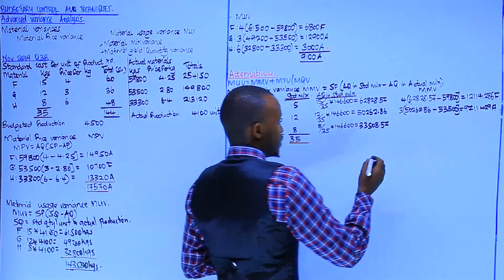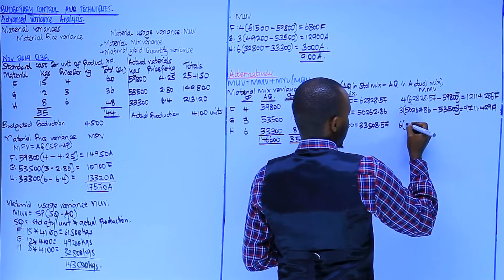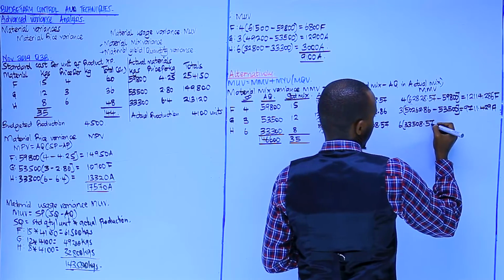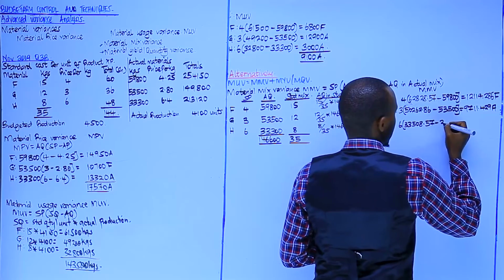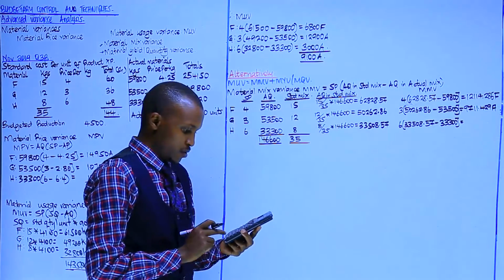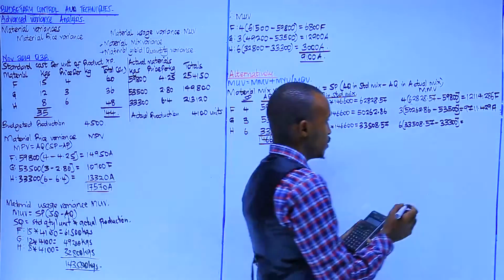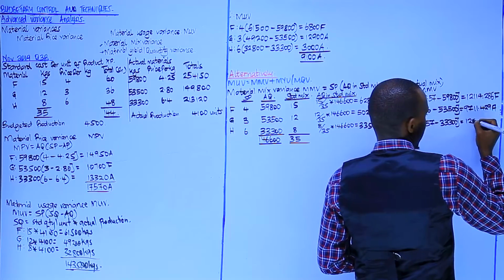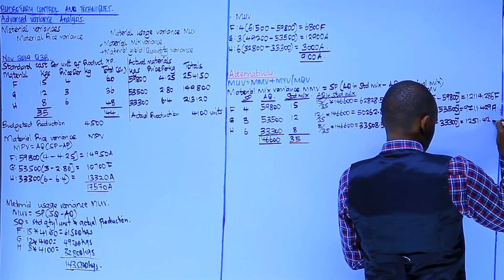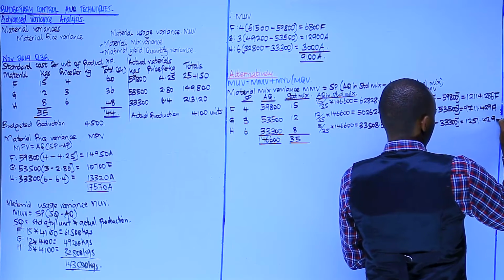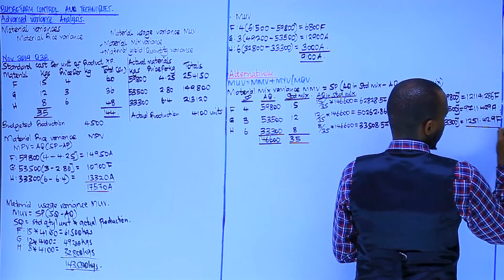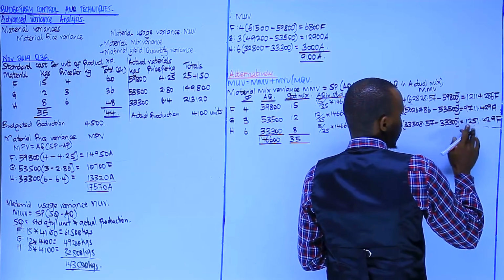Your standard price is 6. 33,508.57 minus an actual quantity of 33,300. 1251 point what? 429, which is favorable, which will be favorable there.